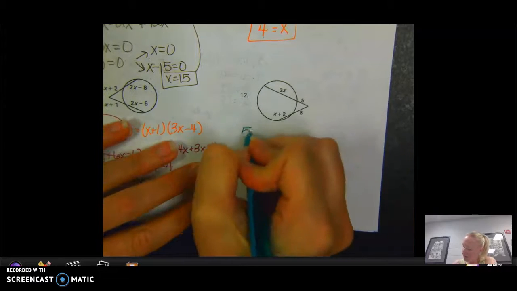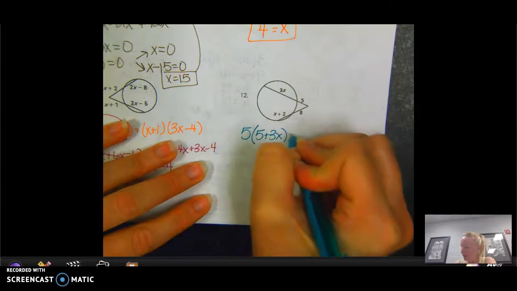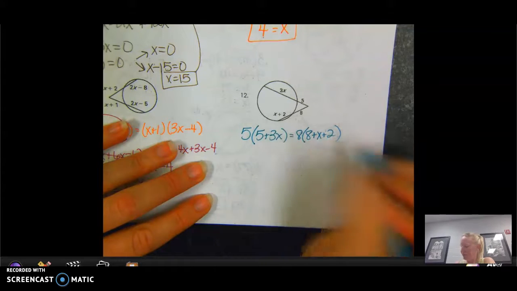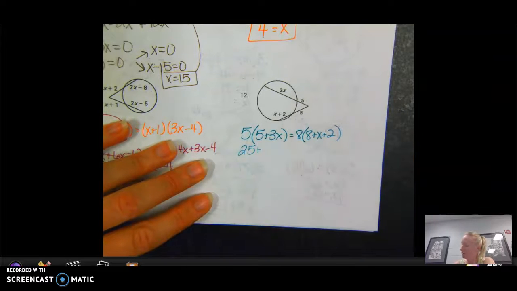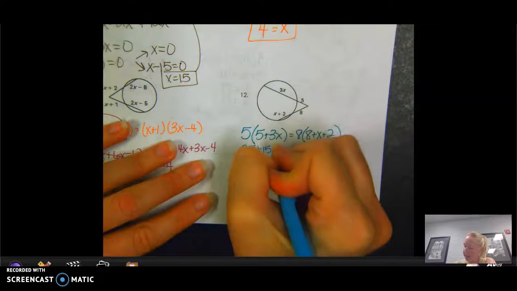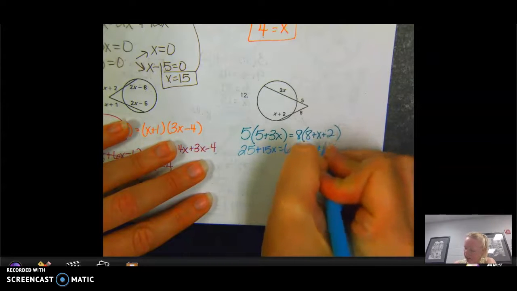All right, 5 times 5 plus 3x equals 8 times 8 plus x plus 2. So distribute: 25 plus 15x equals 64 plus 8x plus 16.